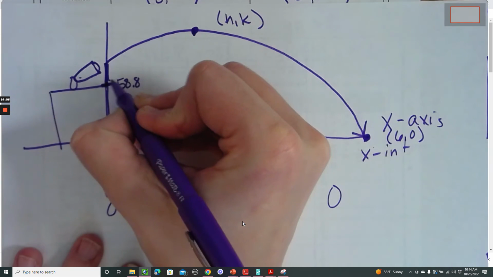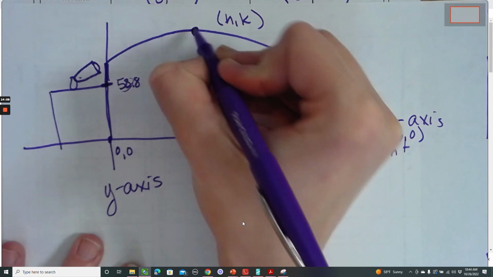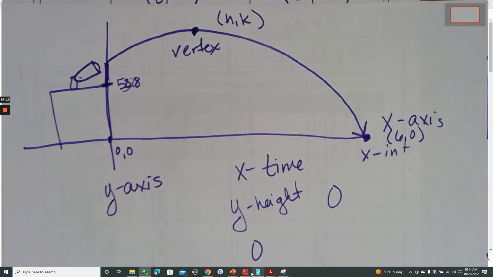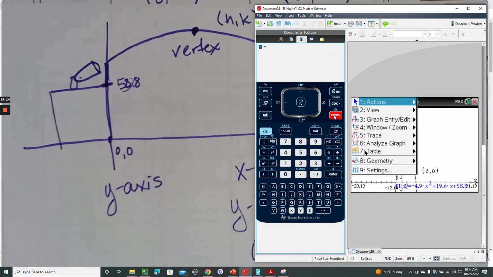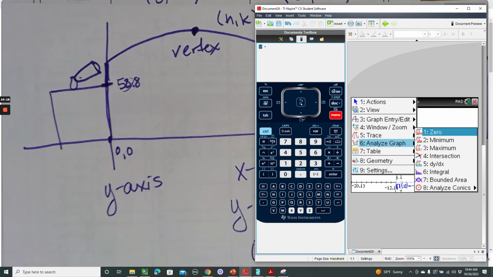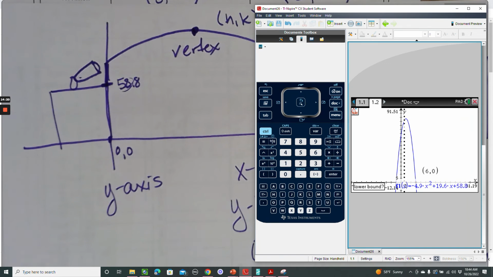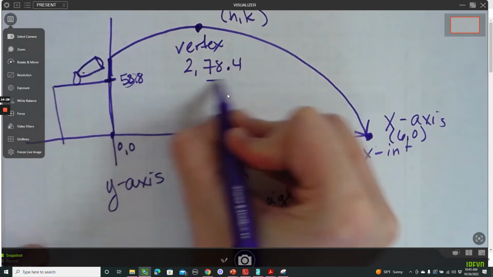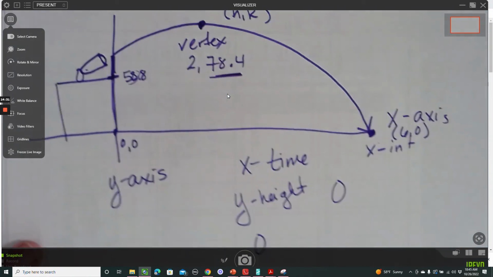This is the starting point, this 58.8. I need to find the vertex. Okay, so same thing. On this graph, menu, analyze, and it's a maximum. And it's the y value, 78.4. So that's the highest it gets.